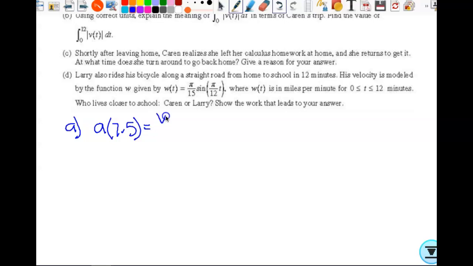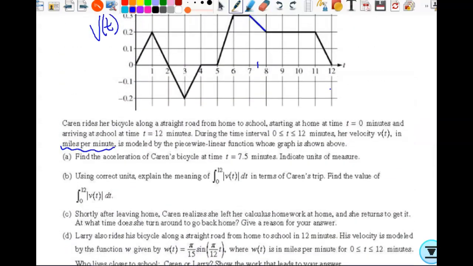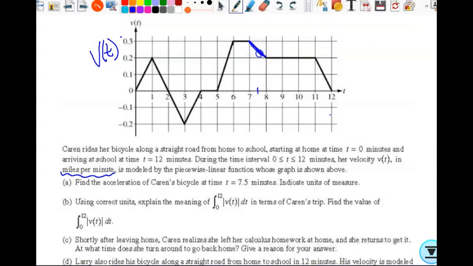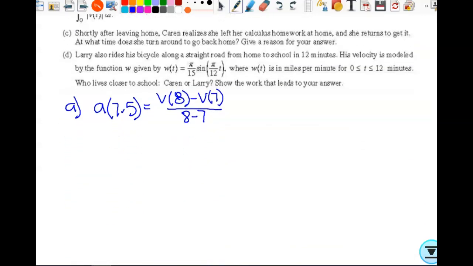So I can find the velocity at time 8 minus the velocity at time 7 over 8 minus 7, right? And I did not willy-nilly pick those numbers. I can't use 9 and 6. I'm using 8 and 7 because they are basically the endpoints of this little segment, okay? So I can make sure my units are correct on all this.